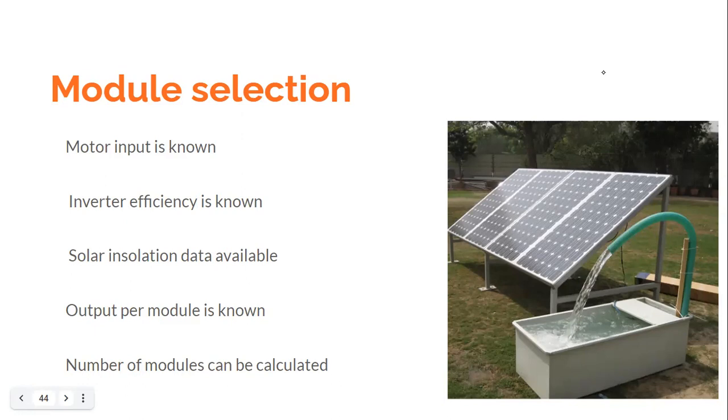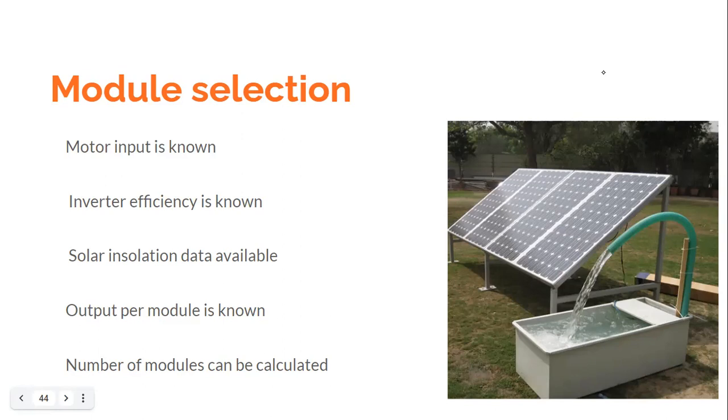So motor input calculations can be done for a given location where we know the head and the flow rate, and we know the efficiency of the motor and pump. Okay, so this we had already discussed. So in order to arrive at the module selection and the PV array selection, we need to know the motor input.